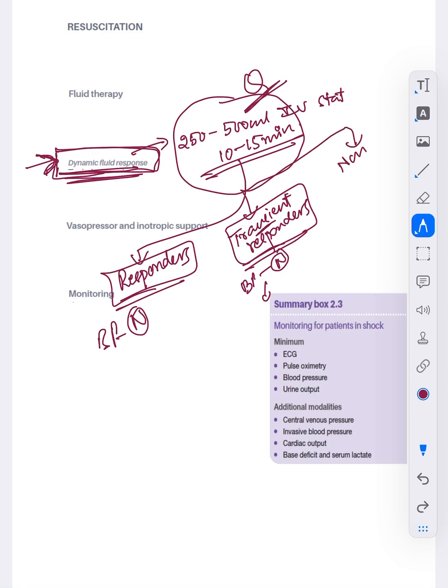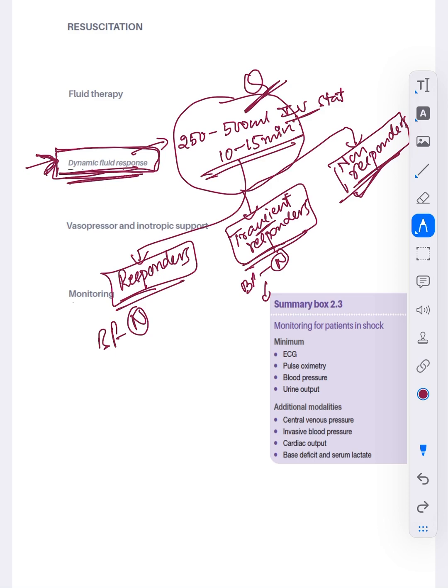Then the last category is the non-responders, because of the very severe bleeding that is happening in their body. Whatever amount of IV fluid you are giving, they are just not responding. They will require some major form of laparotomy, or they may require some inotropic or the vasopressor support. That is about dynamic fluid response.